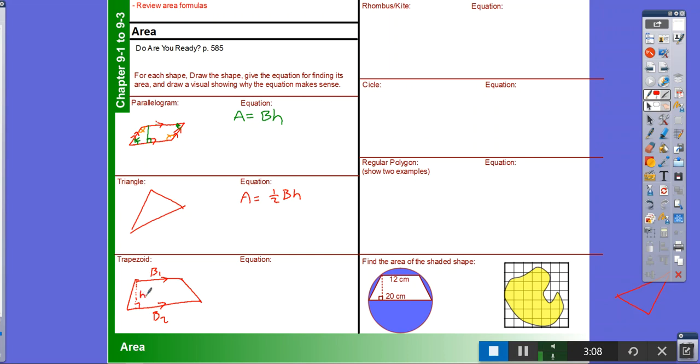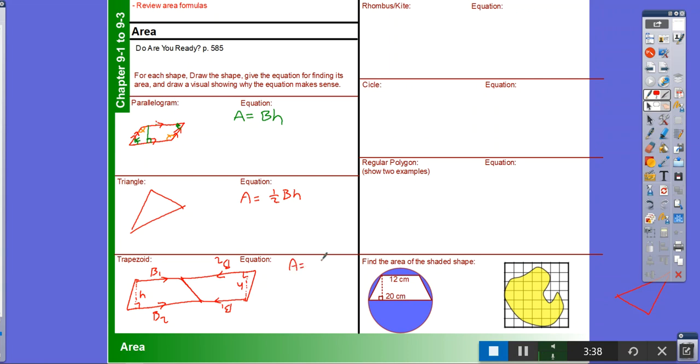So when we take a look at a trapezoid, we're going to approach it the same way we approached this triangle. We're going to double it, flip it over on its side, and create a parallelogram out of it. And notice when you look at the parallelogram, the base is base 1 plus base 2.